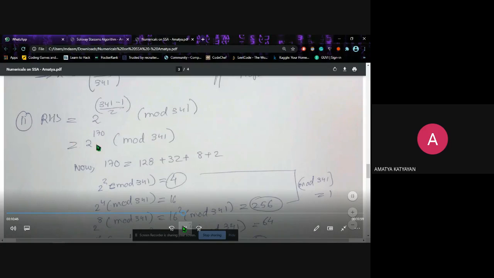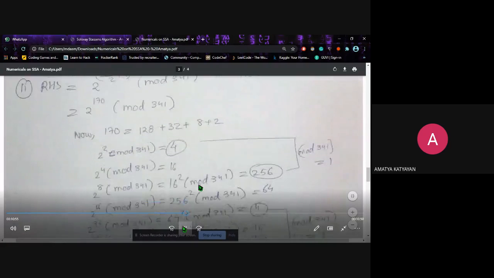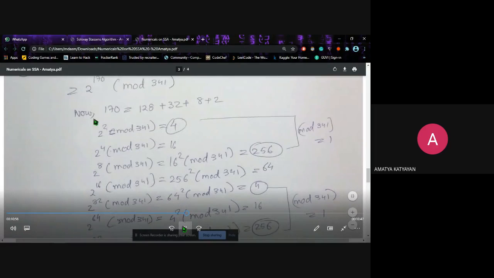This is a large number, so 170 we can split into 128 plus 32 plus 8 plus 2. And 2 raised to 170 can be written as 2 raised to 128 plus 32 plus 8 plus 2.